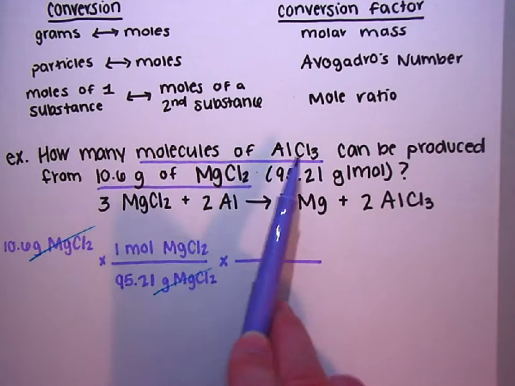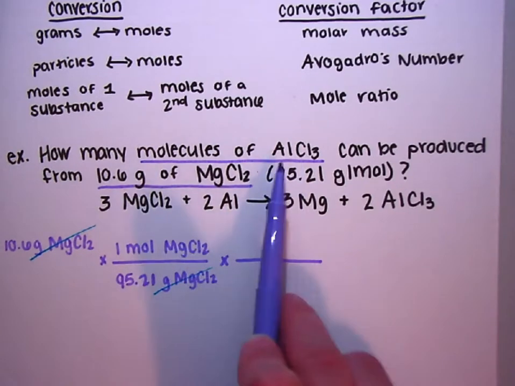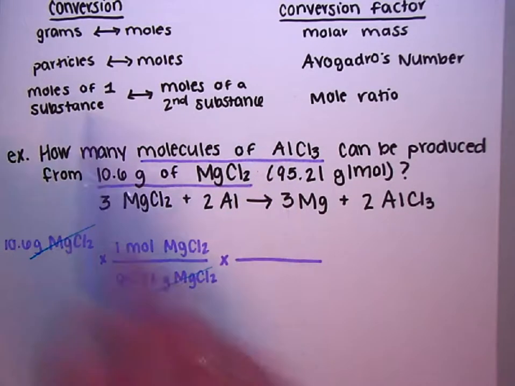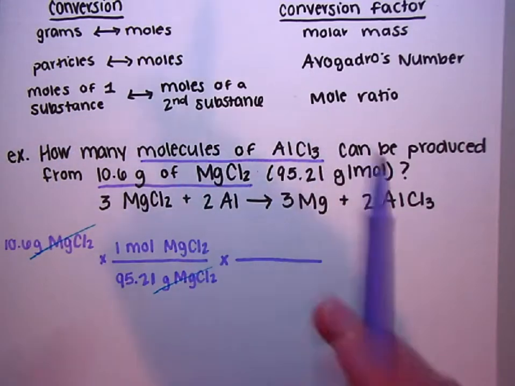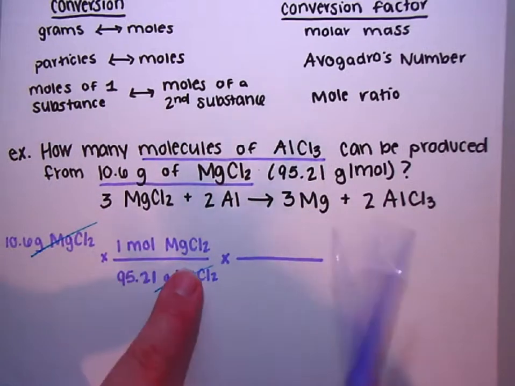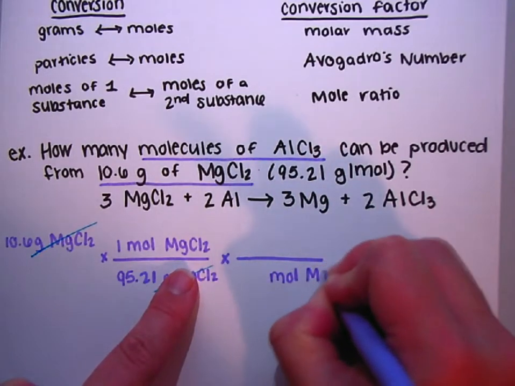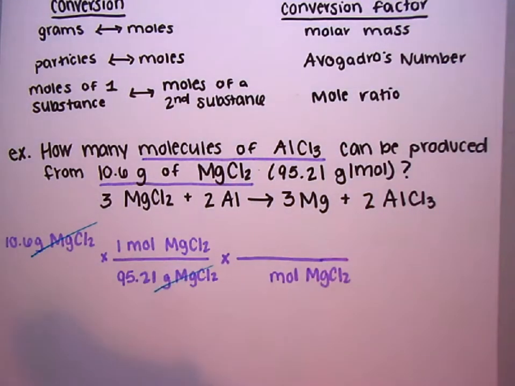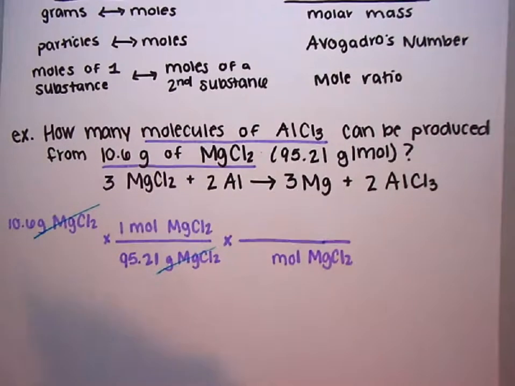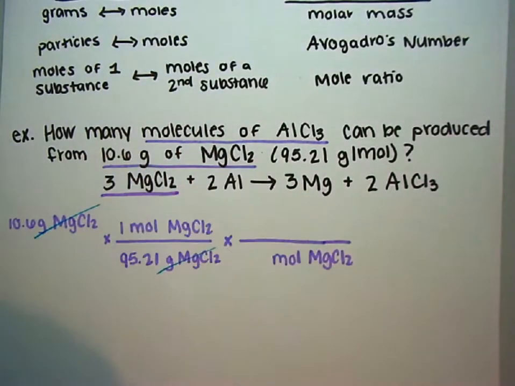But I need molecules of aluminum chloride. So I have moles of one substance, I need to convert to a different substance. Mole to mole is going to be the mole ratio. Again, we need both the unit and the substance to cancel. That means moles of magnesium chloride will go in the denominator, and I find that out using my balanced reaction.